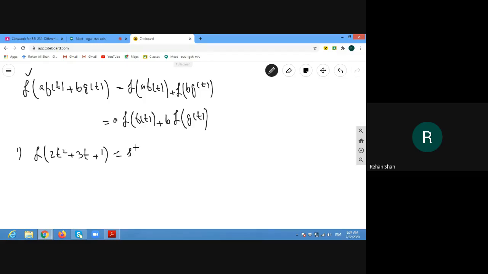This is the Laplace transform of 2t square, because you can apply Laplace independently on each function, plus Laplace of 3t plus Laplace of 1.